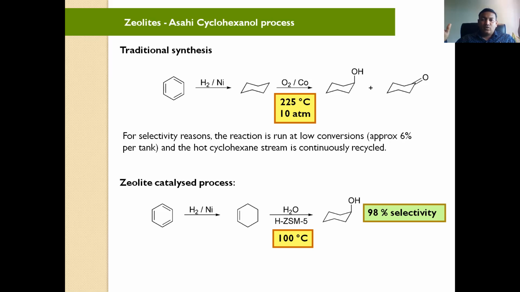Hope you understand. Then, using this zeolite type of catalyst, benzene undergoes hydrogenation in the presence of nickel, and you get this cyclohexene. And then only in water.